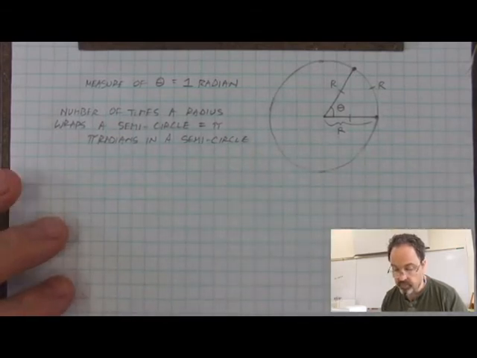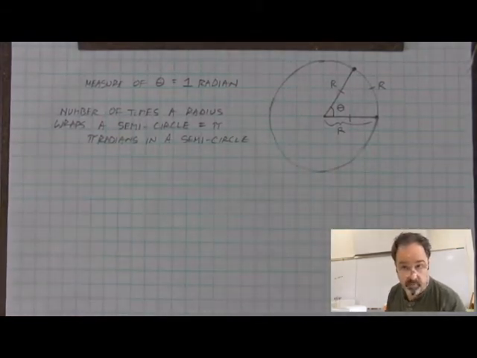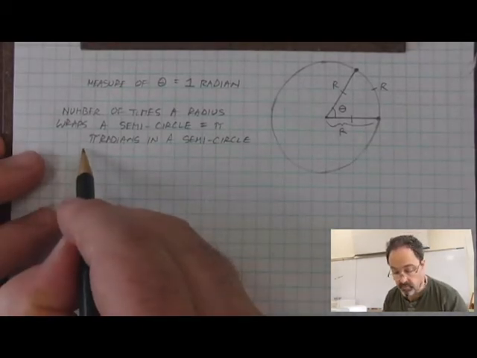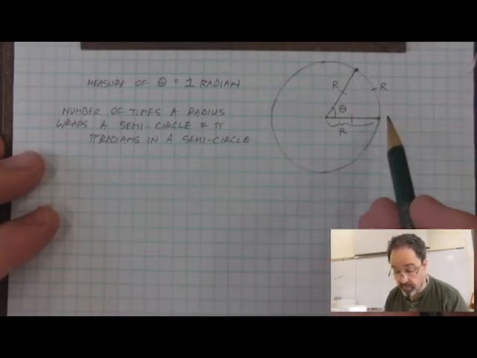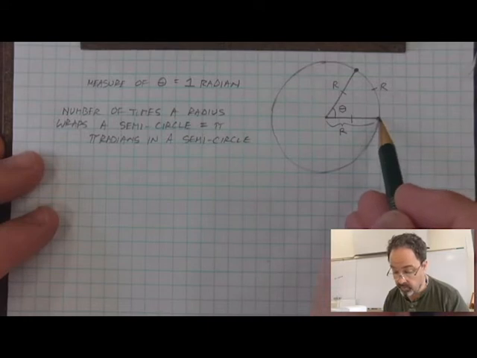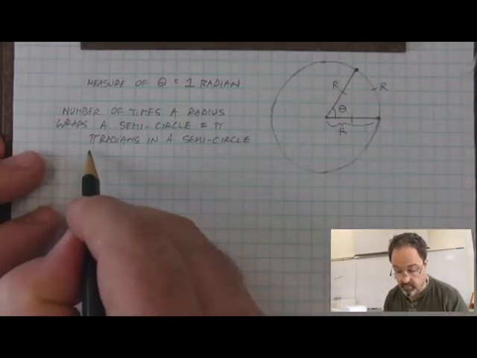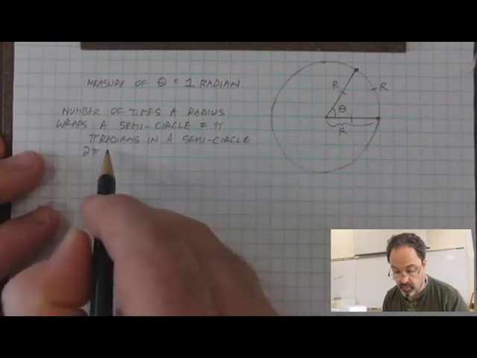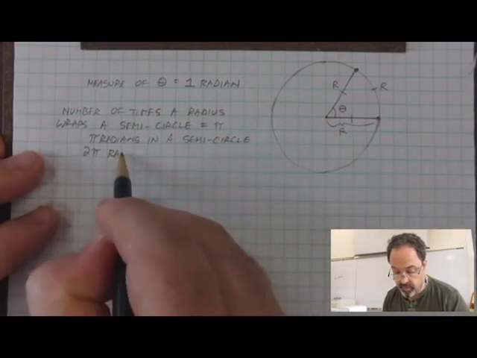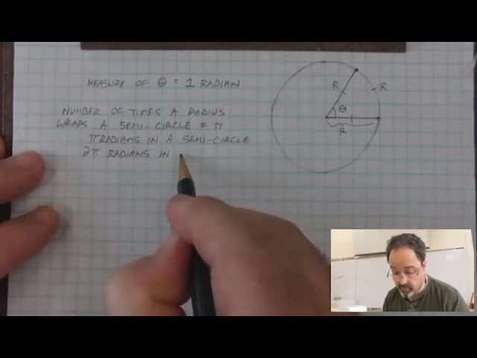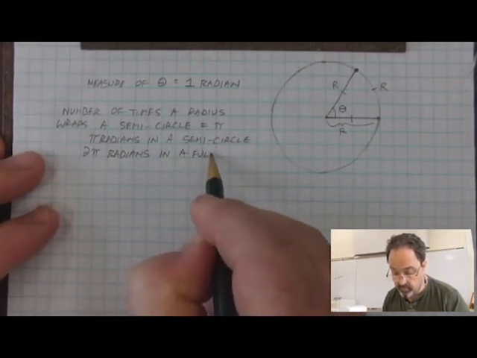And a semicircle is another name for a half of a circle, equivalent to 180 degrees. So a full circle, all the way around, would wrap 2 pi radius lengths. So we could say 2 pi radians is the angle measure in a full circle.